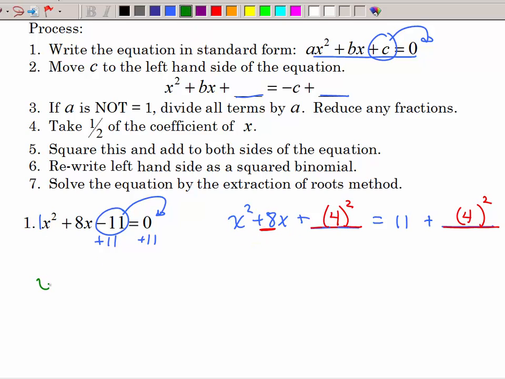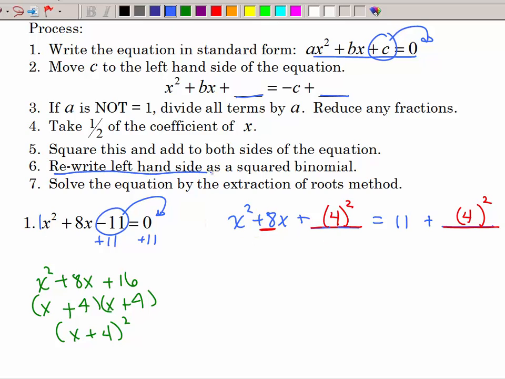Let me come over here and show you what we've done. We now have x squared plus 8x plus 16, and how could we factor that? It would be those same binomials squared. So instead of going through this long process, although that's really what we've done, we're going to go straight to factoring it, and rewrite the left-hand side as a squared binomial.